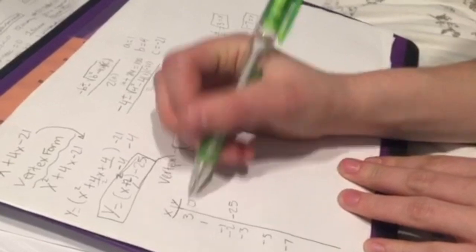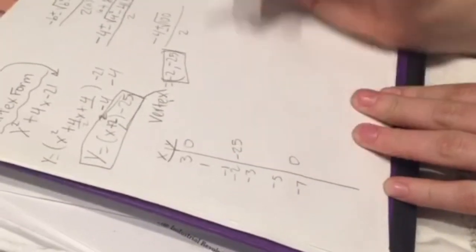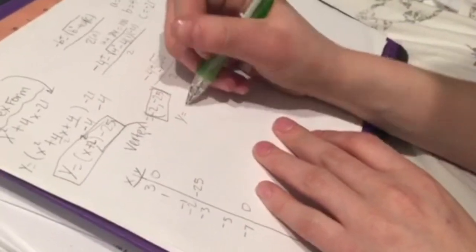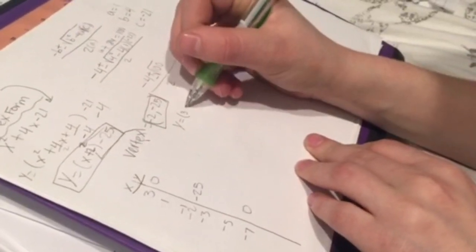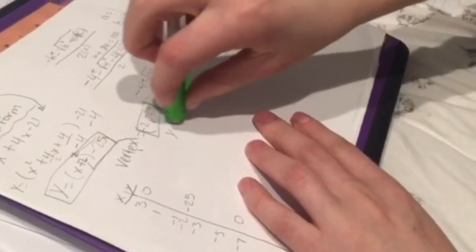So now that we have our vertex, we know that negative 2 on our table will be equal to y, negative 25. And then since x equals 3, we put 0 there, and then x equals negative 7, we put 0 next to that too.